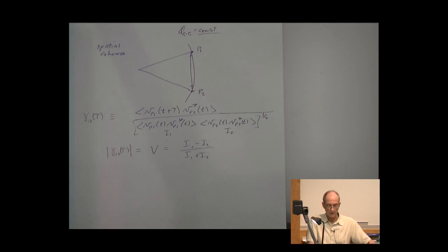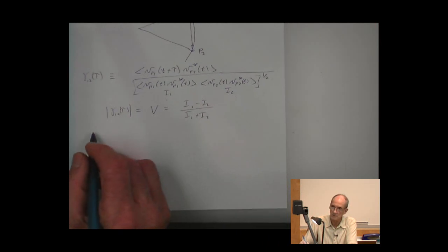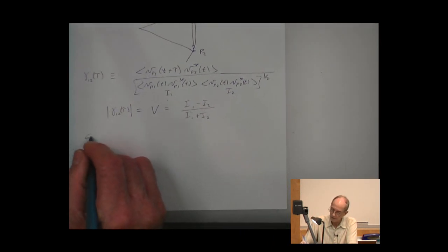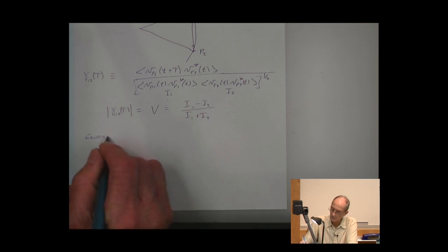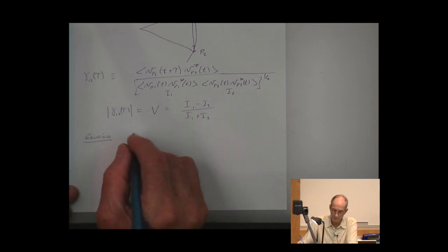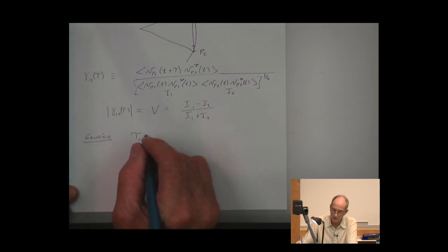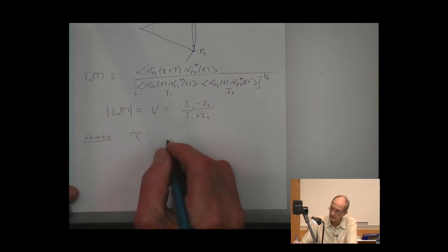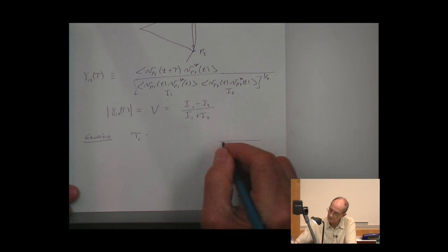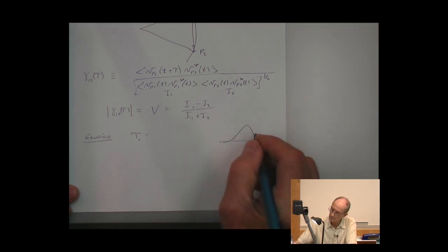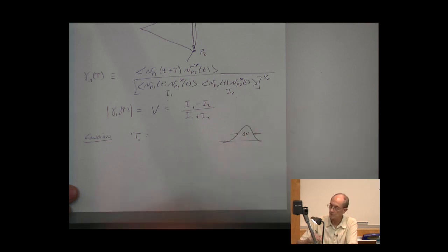And in addition, we find that if we have sources of different characteristics, say a Gaussian source, the coherence time is inversely related to the full width half maximum, delta nu, of that spectrum.